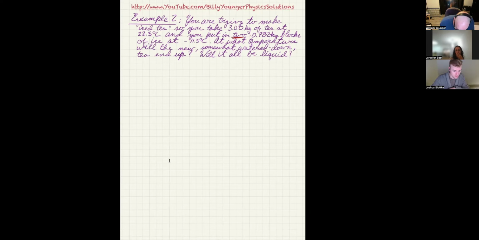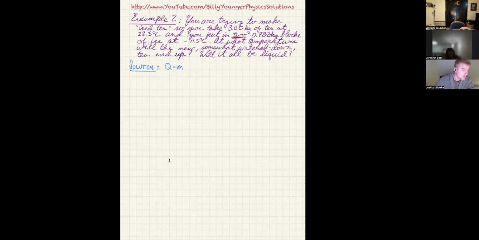Let's start with the solution so we'll know exactly what equations we're going to be using. In this case, we do have a changing of temperature, so we got to use our MC delta T. We also have a changing of state. We're going to melt some fraction of the ice. So not only are we going to take this ice that's negative 11.5 degrees Celsius and bring it up to zero, we're then going to go a little further and try to melt it.